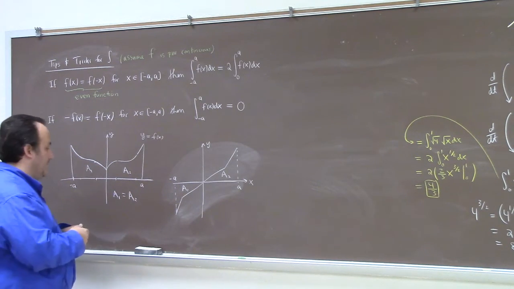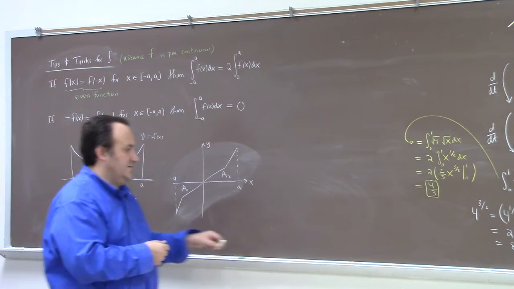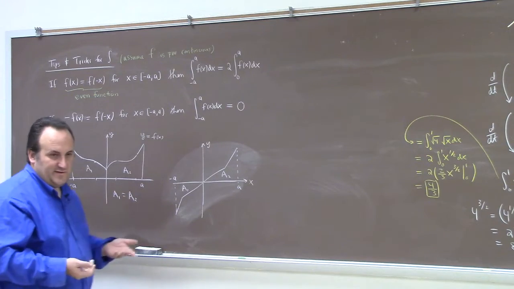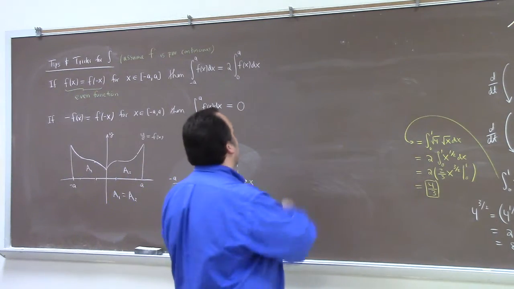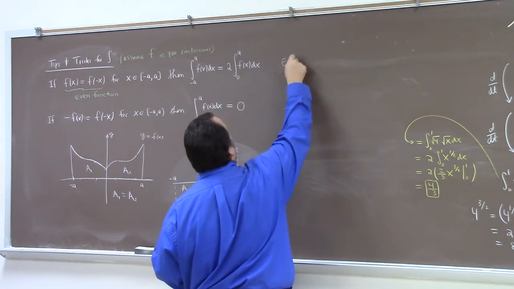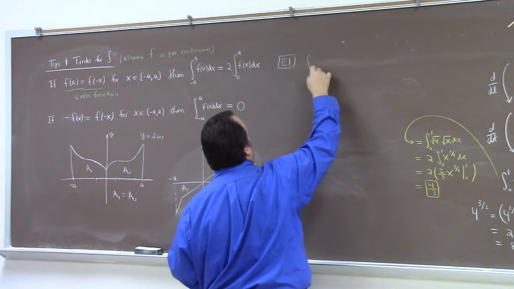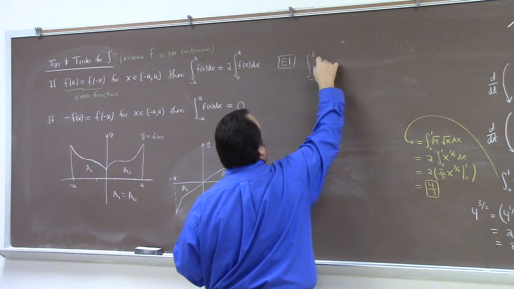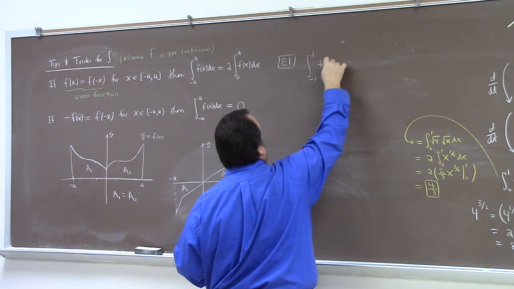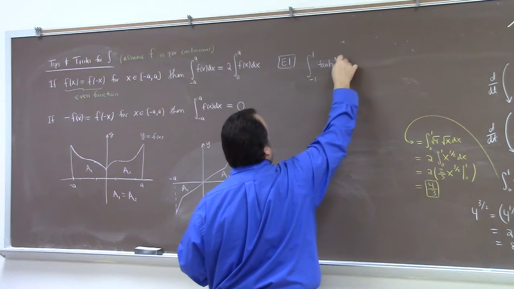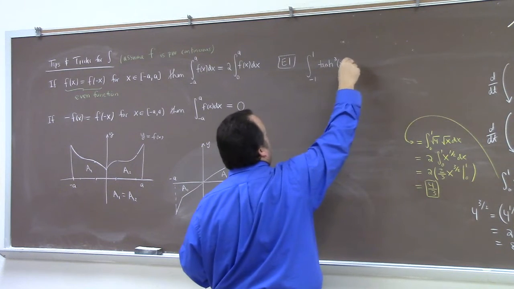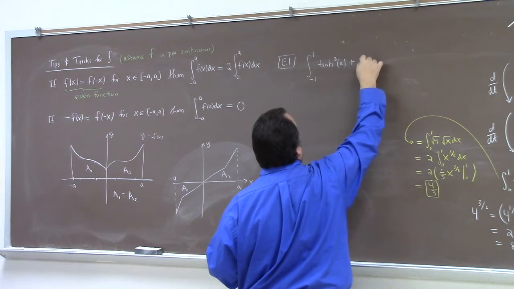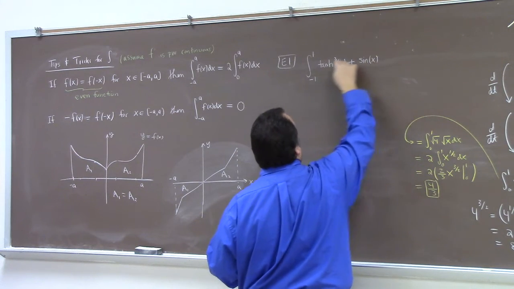Now this allows you to write very obnoxious test questions that seem impossible, for example, the integral from -1 to 1 of tanh cubed of x plus sine of x dx.